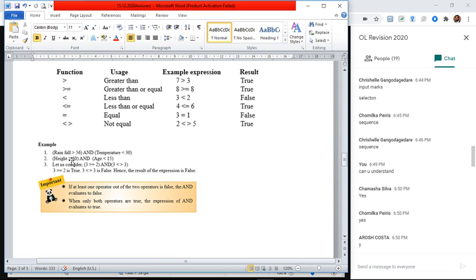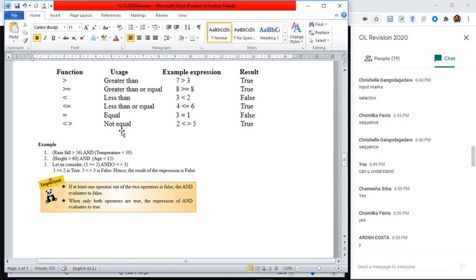Right, now we are having rainfall greater than 56 and temperature less than 30. Now here you are having two statements. These two statements you are merging with the AND operation. AND means what? In the logic gate also you have learned, only if both statements are satisfied, it will give the result. The same thing applies here.